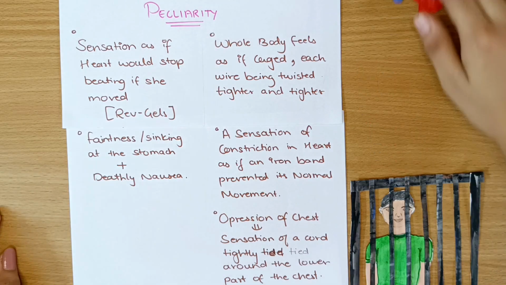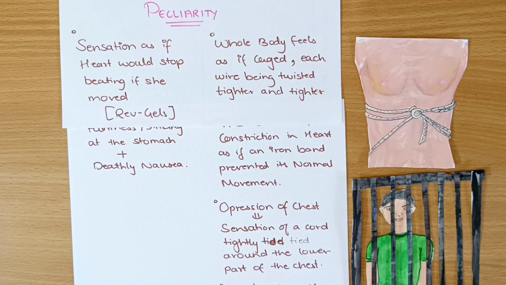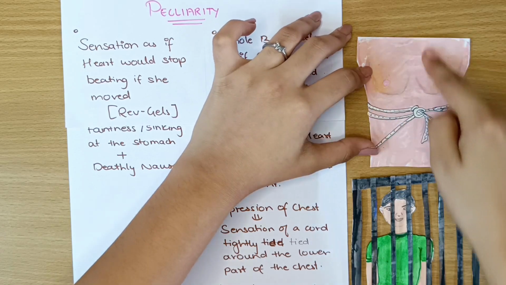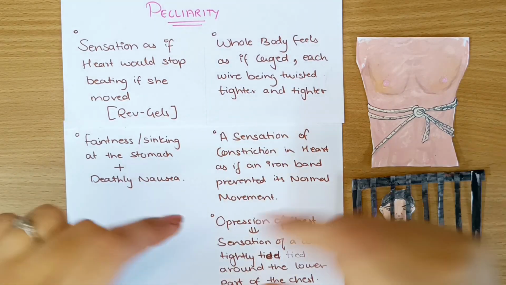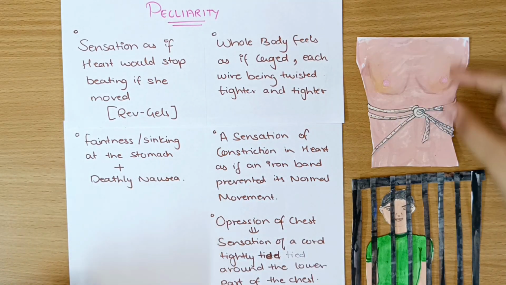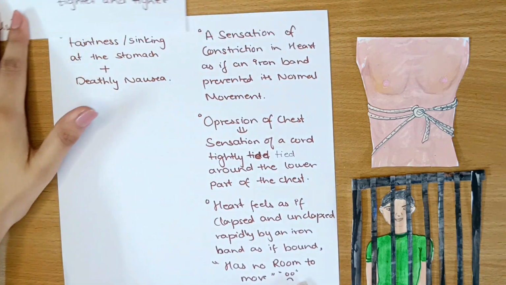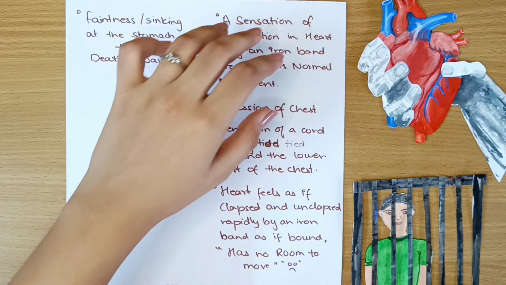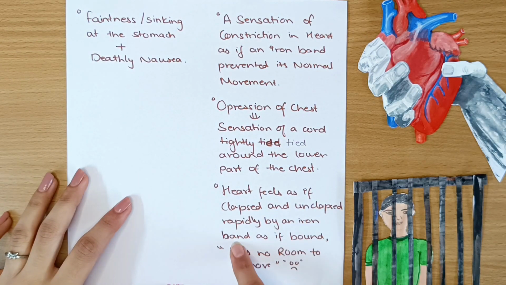Another thing we see in this remedy is oppression of the chest. Why is this oppression present? It is because of a sensation of a cord tied tightly around the lower part of the chest. Another peculiarity is that the heart feels as if clasped and unclasped by an iron hand.